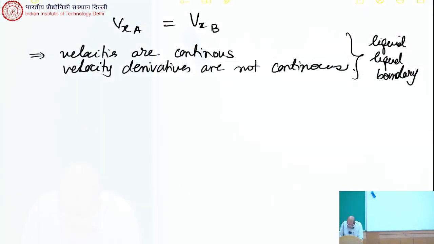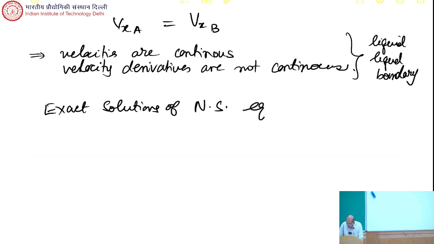Okay. So first, let us now look at what we call exact solutions of Navier Stokes equations. And when I say Navier Stokes, continuity is always inbuilt in that.